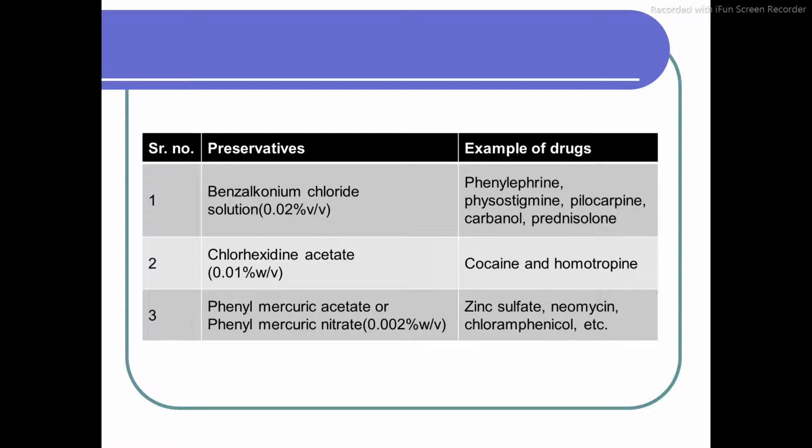Nearly 95% of ophthalmic preparations contain it. Only when benzalkonium chloride is not compatible with your drug can we replace it with other preservatives like chlorhexidine, phenylmercuric acetate or phenylmercuric nitrate. So benzalkonium chloride is our first choice of preservative.